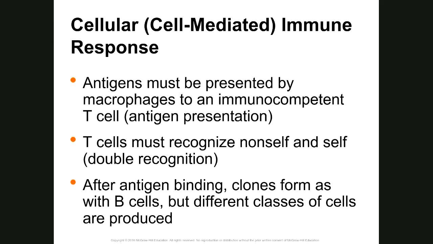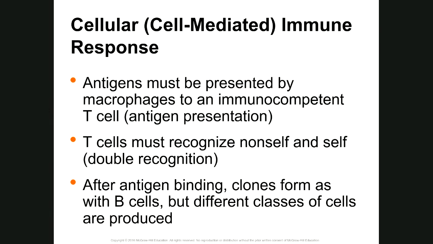But what about the cellular or cell-mediated immune response? The antigens must be presented by macrophages to the immunocompetent T cells. I told you that the T cells cannot work directly with the antigen.